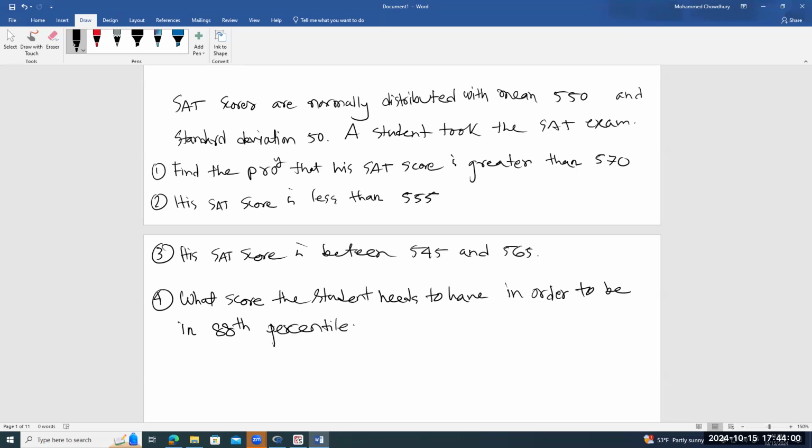Okay, so let me solve the first problem. ACT score greater than 570, X greater than 570. Clear? What is the graph? Let me draw the graph in the bottom.